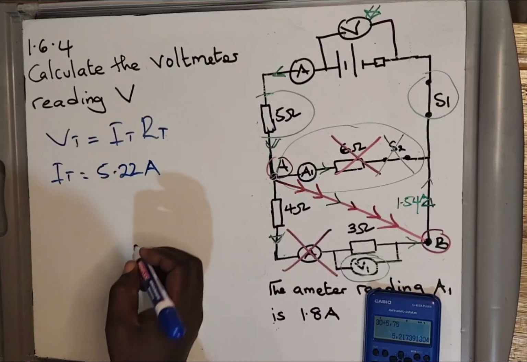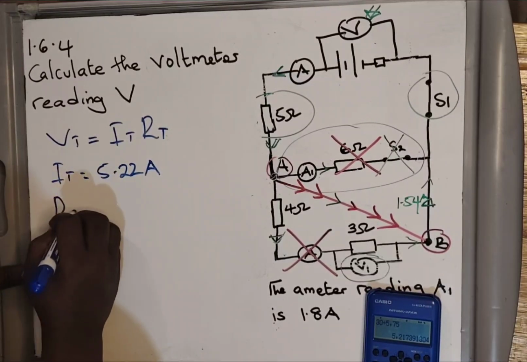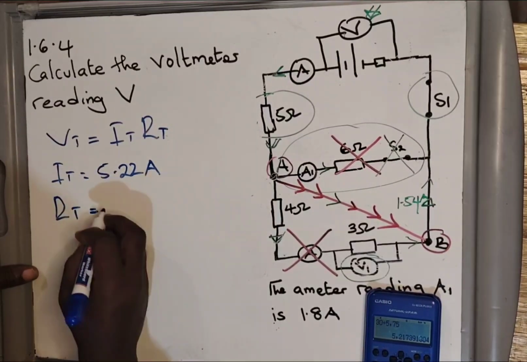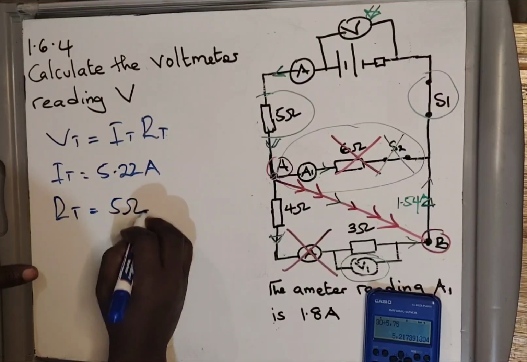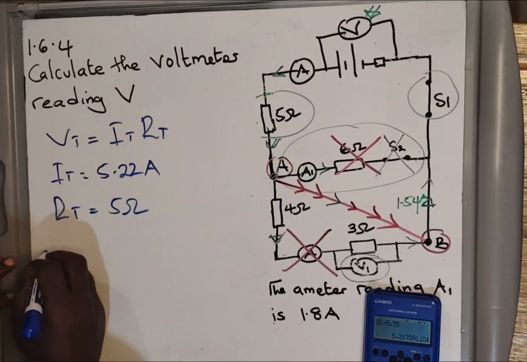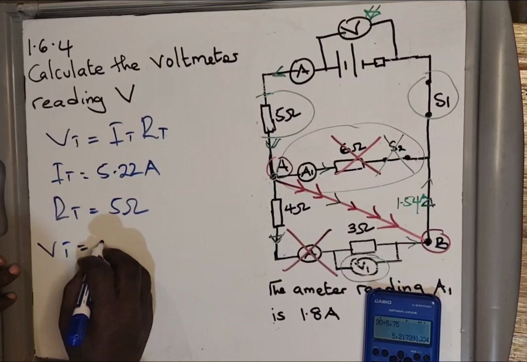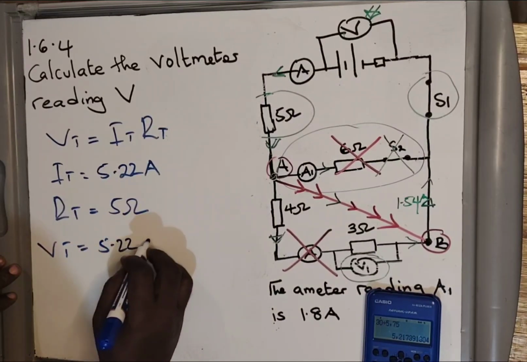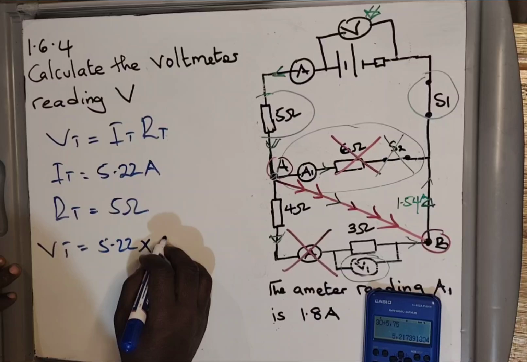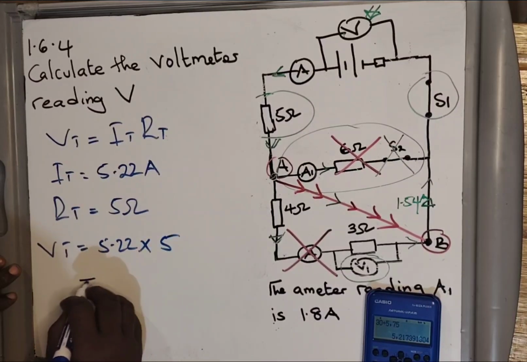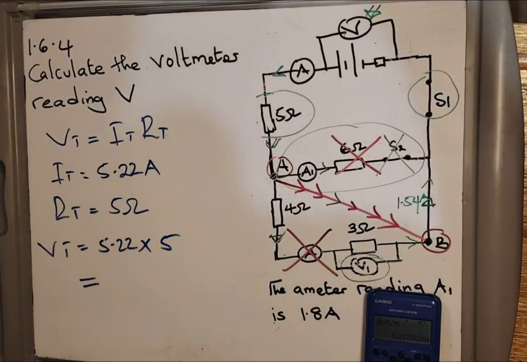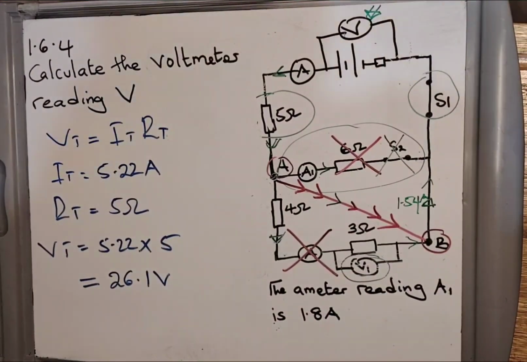And we found out also that our R total is 5 ohms. So when you substitute in, you'll have 5.22 times 5, giving you 26.1 volts.